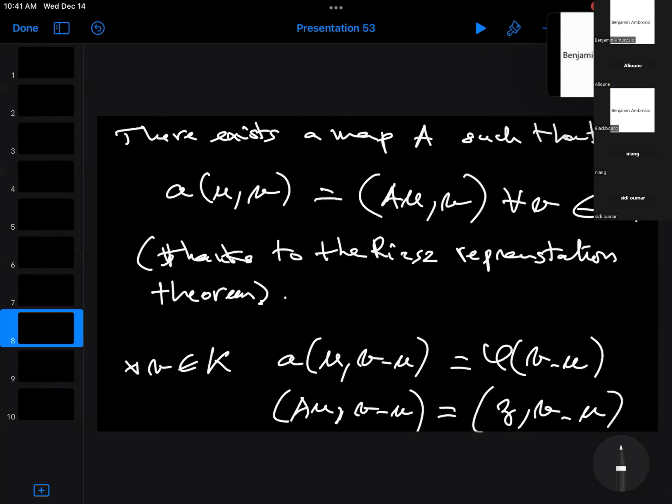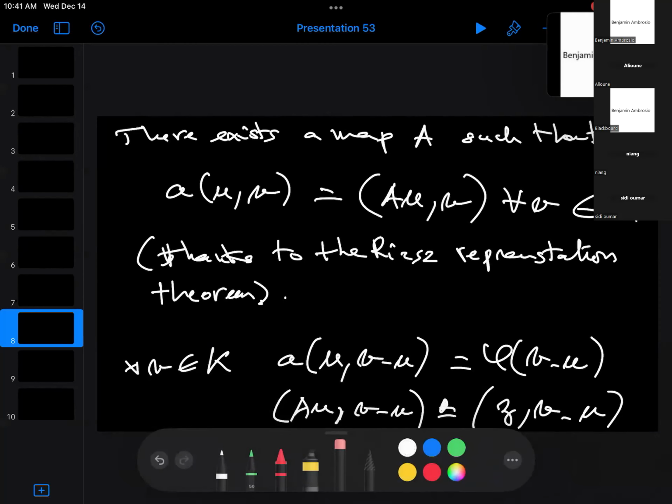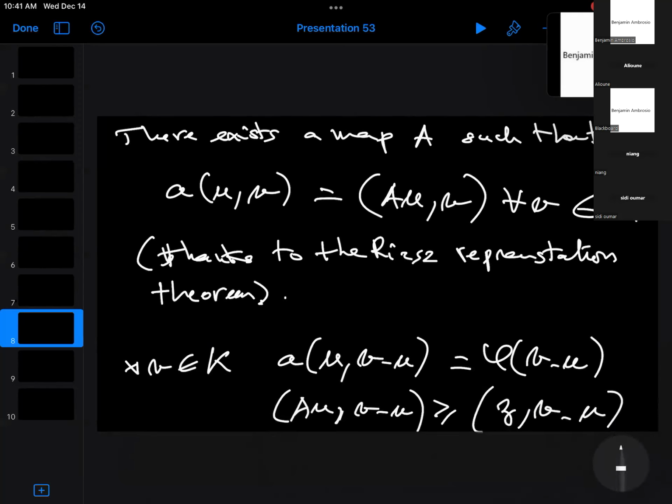Okay, so this is equivalent, right? So the conclusion of the Stampacchia theorem is equivalent to that. And sorry, this is not equal. It's greater than or equal. Okay, so next step, I will move my Au here.